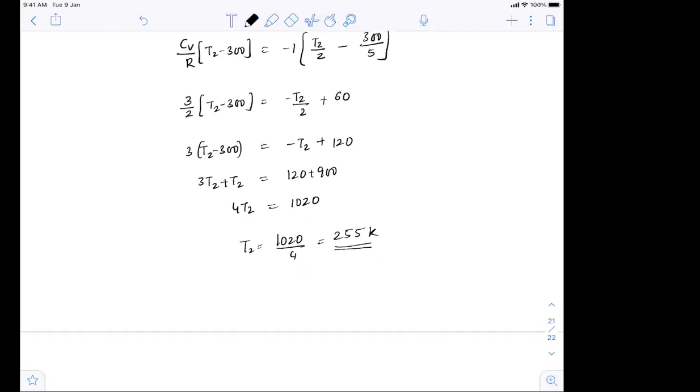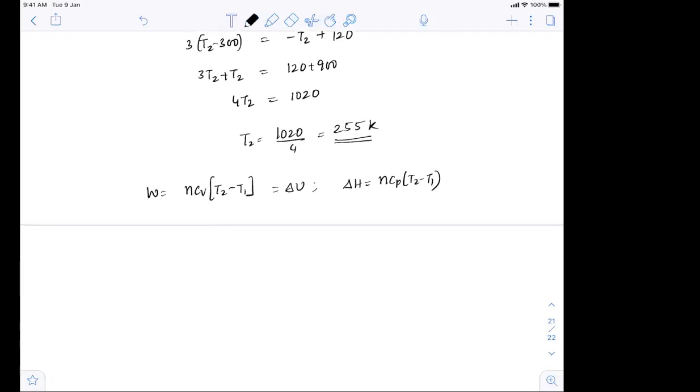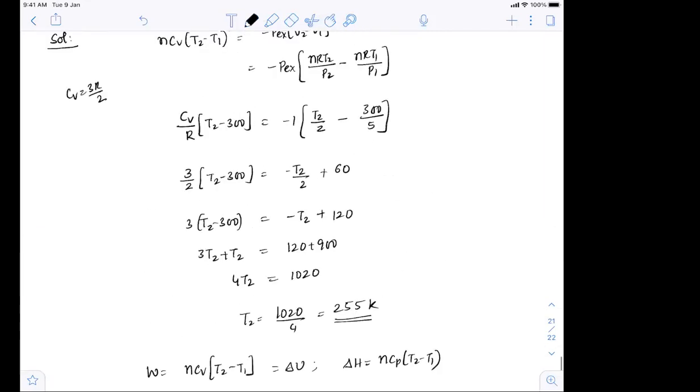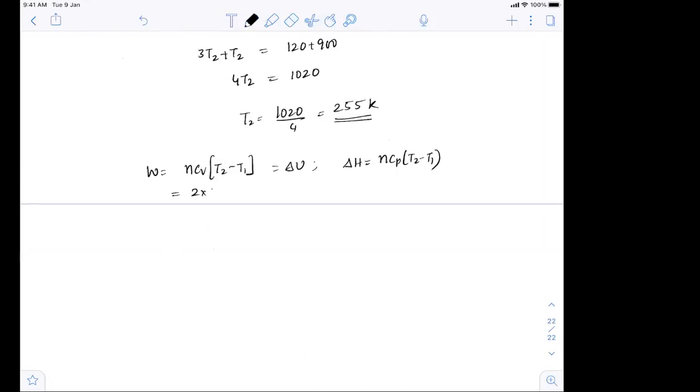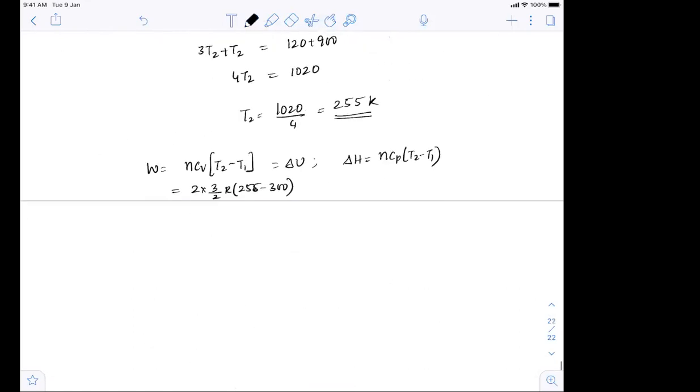So I got the final temperature. What is the work done now? Now you can calculate everything simply: nCV(T2 minus T1), which is the same as delta U. And what will be delta H? Delta H will be nCP(T2 minus T1). If you substitute the values, the number of moles is given: 2 moles into 3 by 2 R into (255 minus 300), with 300 being the initial temperature.